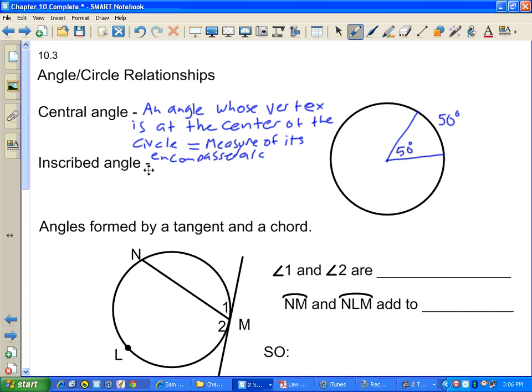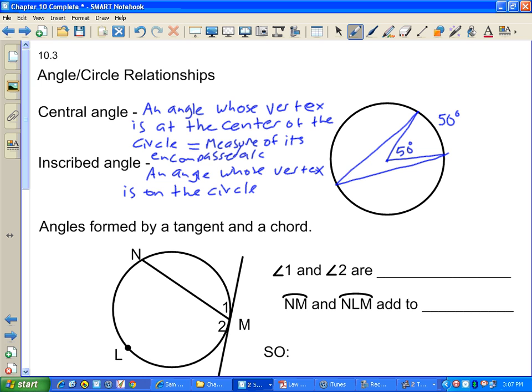An inscribed angle, okay, is an angle whose vertex is on the circle. Okay, so that'd be like this.